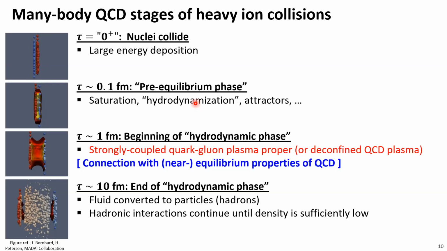Or what we did is to use a very flexible model where you allow this transition time, this pre-equilibrium time, to vary in a wide window, and you allow essentially the initial condition of hydrodynamics to vary a lot.